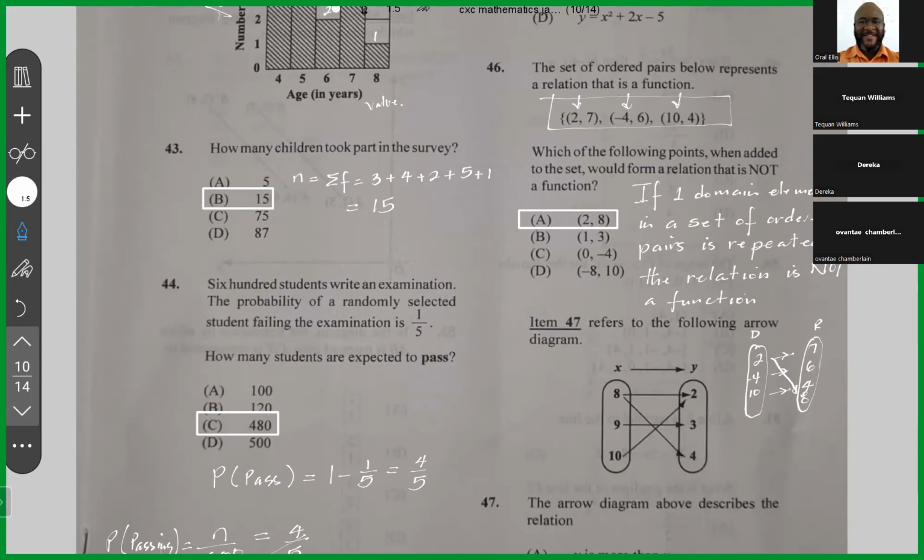If I put in the point 2, 8 in the set of ordered pairs, the domain element 2 is going to repeat. Once a domain element repeats, the relation is what? No longer a function. Do not get this wrong again, guys. Never ever, if you ever see it again, don't get it wrong.